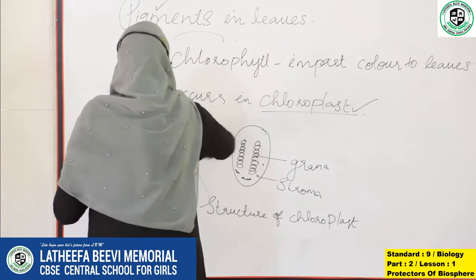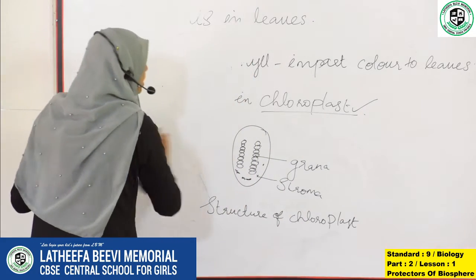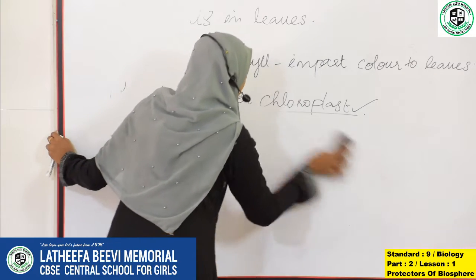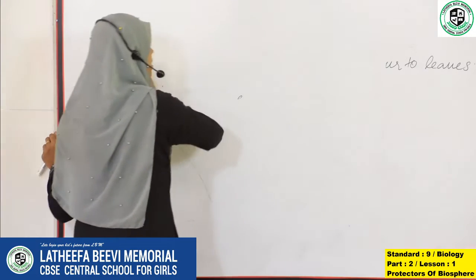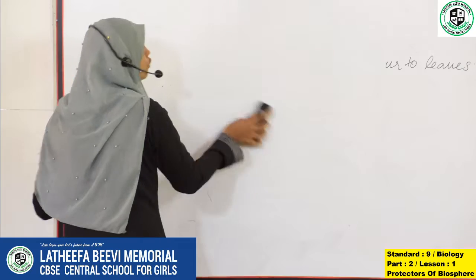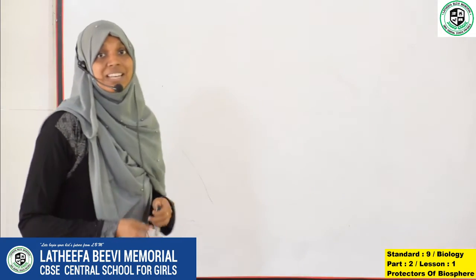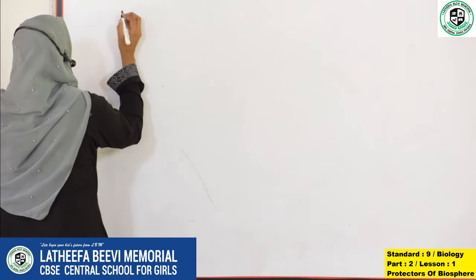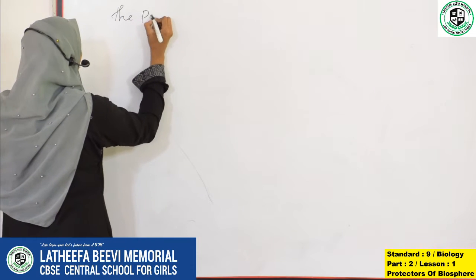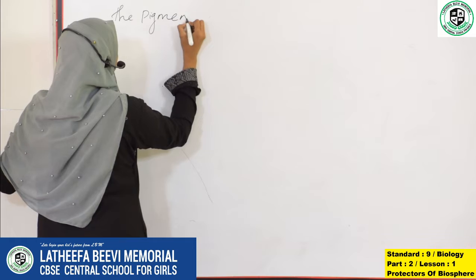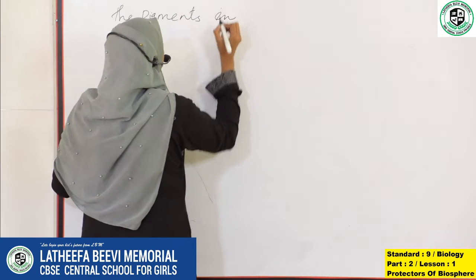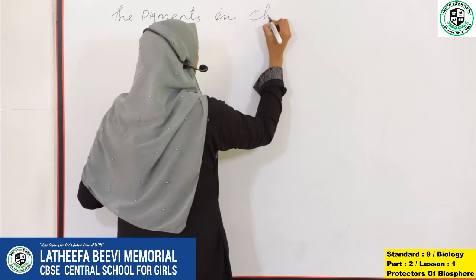So we can check what pigments are present in the chloroplast. Photosynthesis occurs at the site of the chloroplast. So what are the pigments present in the chloroplast?